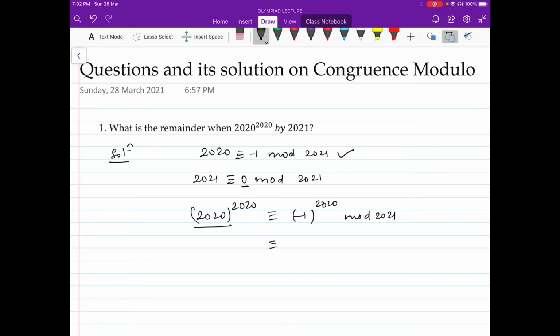Whenever the power is even, the negative of anything becomes positive. So it is 1 to the power 2020 mod 2021, which is the same as 1, because 1 to the power of anything is 1 only. Hence the solution is 1. Or you can say that when you divide 2020 to the power 2020 by 2021, you get 1 as the remainder.